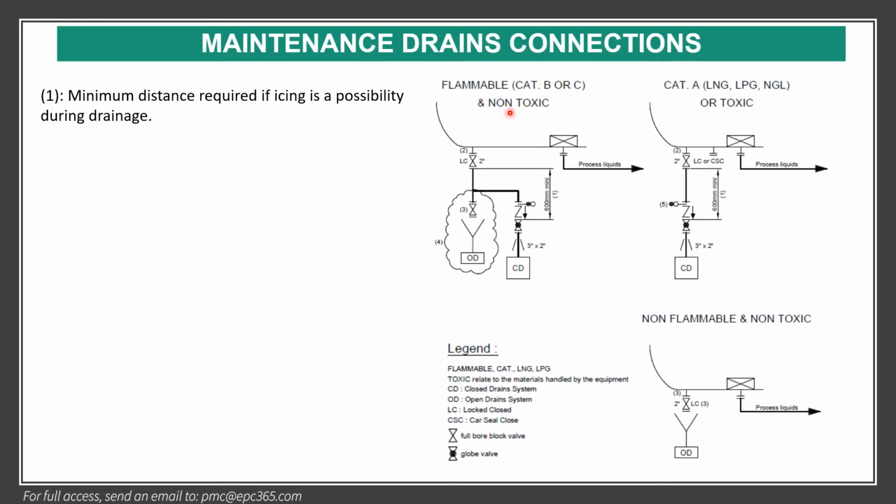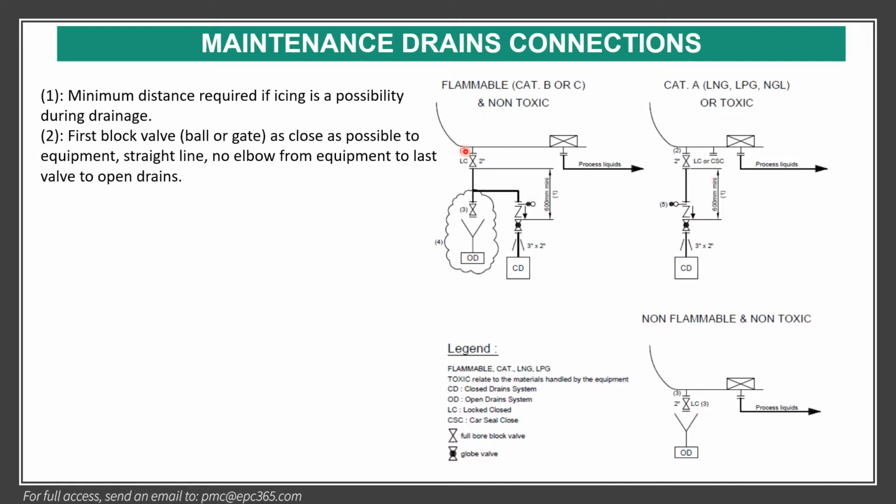For flammable and non-toxic fluids, for bleeding, you can use this valve to go to the open drain system. And if it is neither flammable nor toxic, it can go to the non-hazardous open drain system. The maximum distance required, if icing is a possibility during detailed design, is this distance required. It depends on the company.